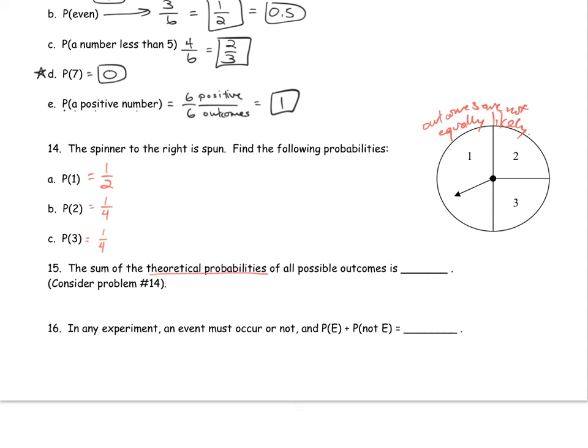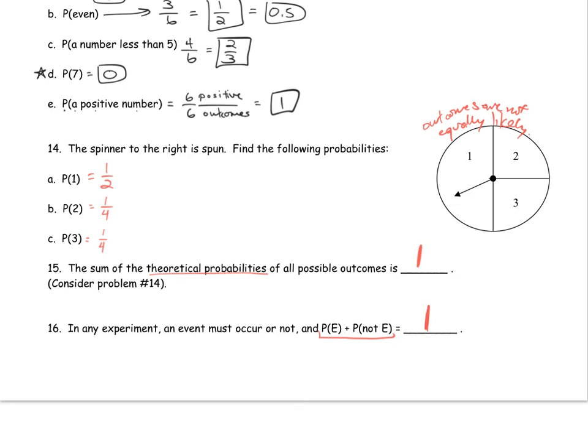When you add up all of the probabilities of a theoretical probability experiment, the sum is 1. It's always going to be 1. And this is something that students have trouble wrapping their head around: the probability that an event happens plus the probability it doesn't happen is also equal to 1.